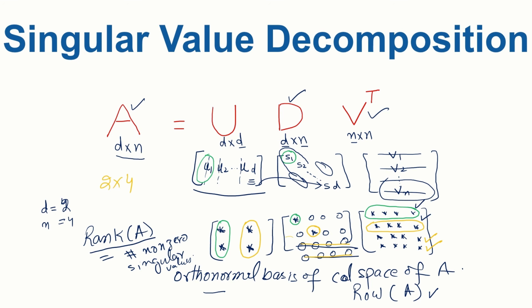You do singular value decomposition of any matrix, and you have a kind of post-mortem analysis of that matrix. You have bits and bytes, a lot of information about that matrix.